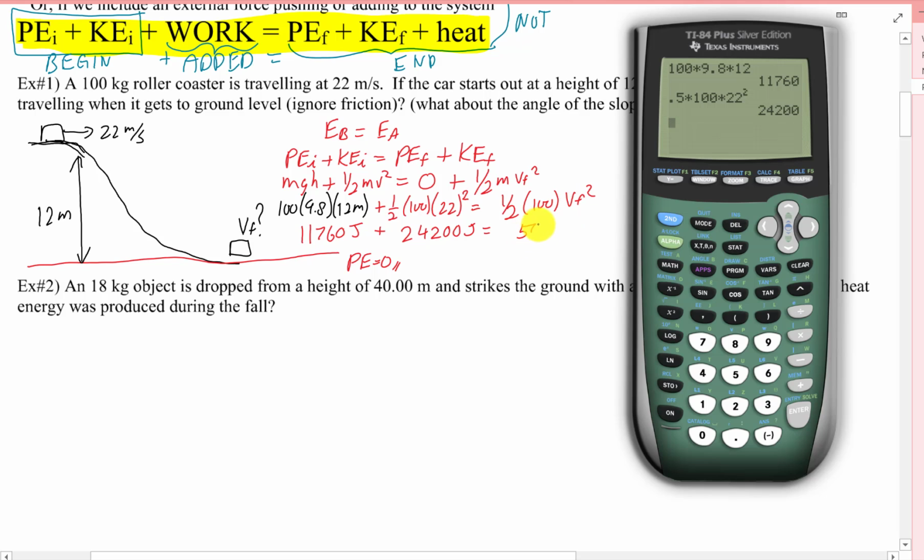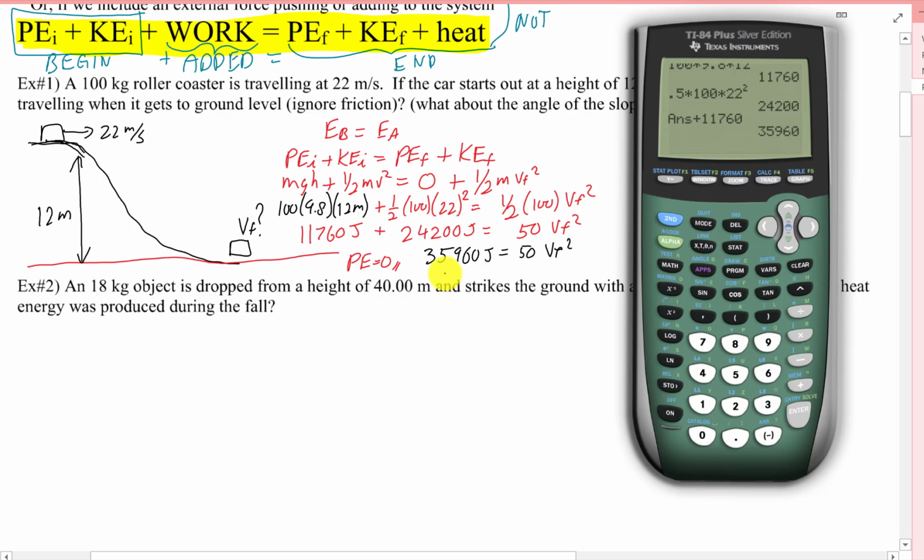Let's just add these two numbers together. That's an important number. What is it when we add these two numbers together? That'll be the total energy. The total energy is 35,960 joules, which is equal to 50 vf squared. That's pretty cool. If we cancel out the m's, we would have it without m in there, and it'd be 100 times less, but that wouldn't be the joules.